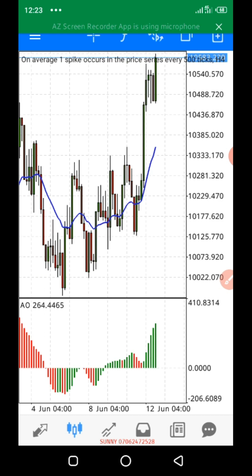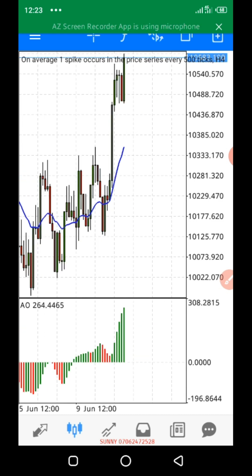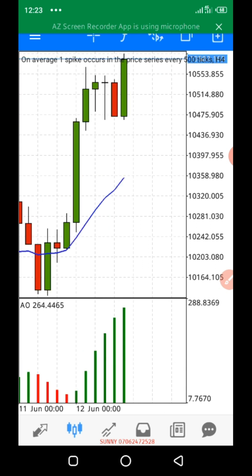Once you go to your 4 hours chart, look at the moving average line, this blue line that I'm tracing. Then look at this trade here. It's not touching the blue line. This particular long candle forms above the blue line, so I know that we are in the upward.